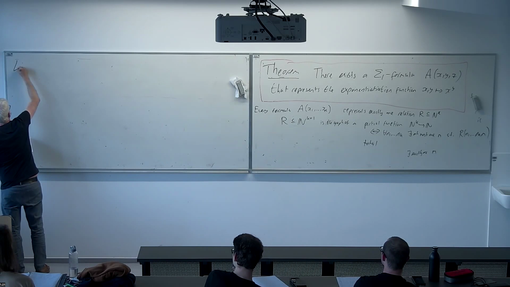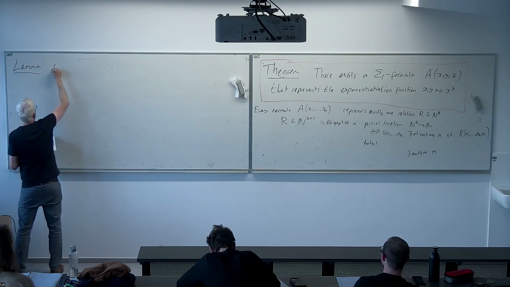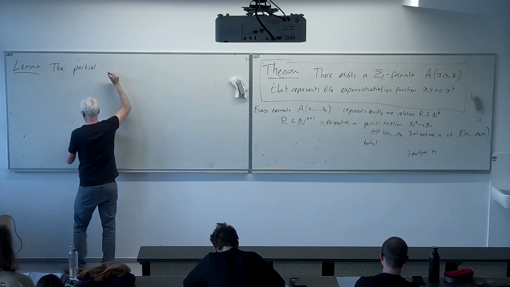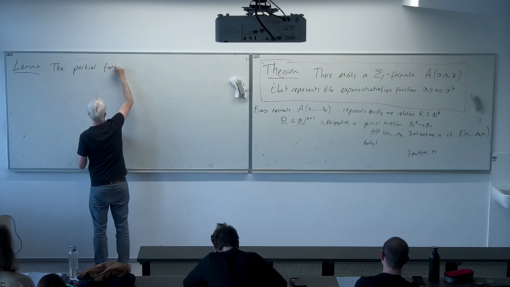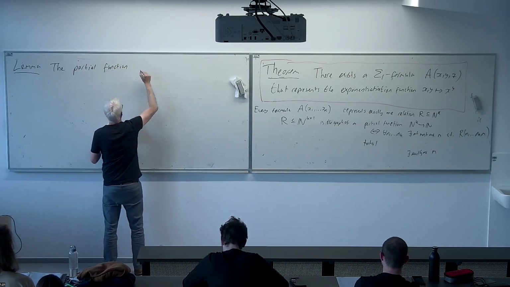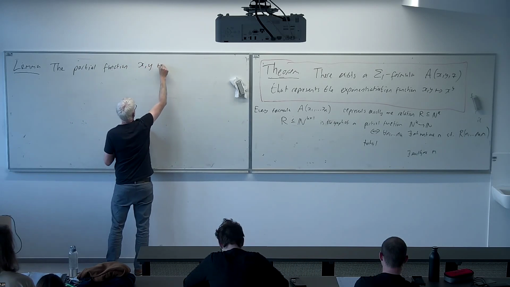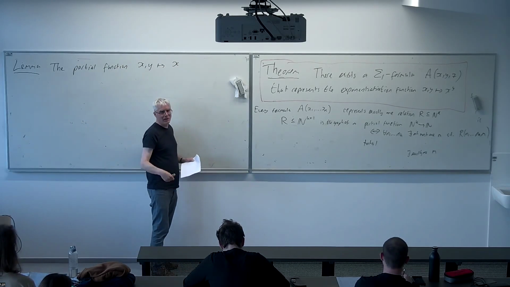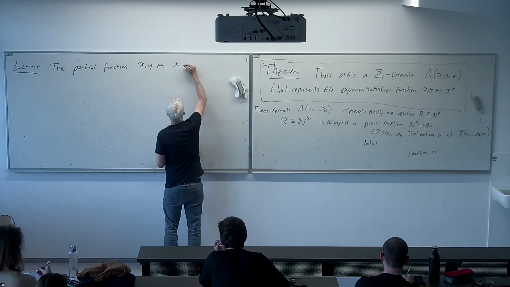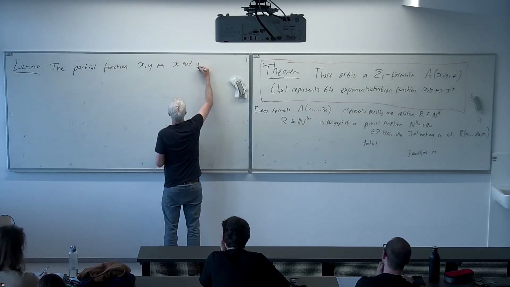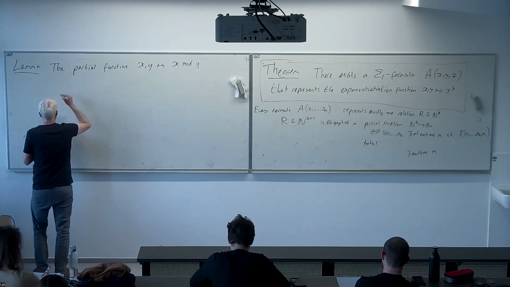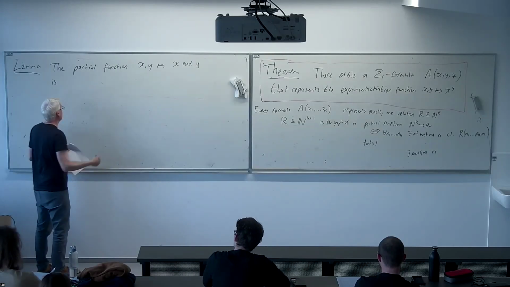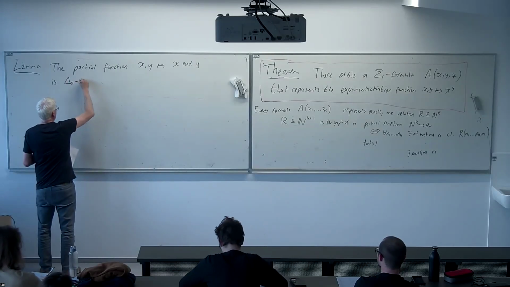Lemma: the partial function of x, y mapped to x modulo y, by which I mean the remainder you get when you divide x by y, is representable by a 3-argument delta 0 formula, and we'll just say delta 0 representable.